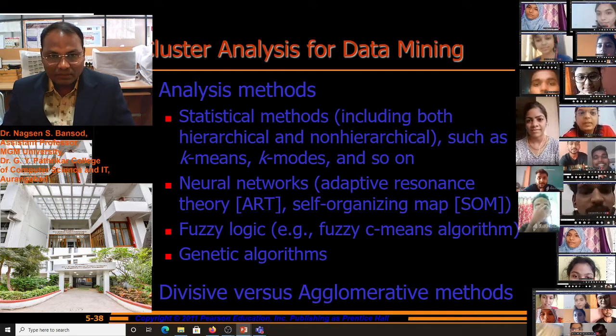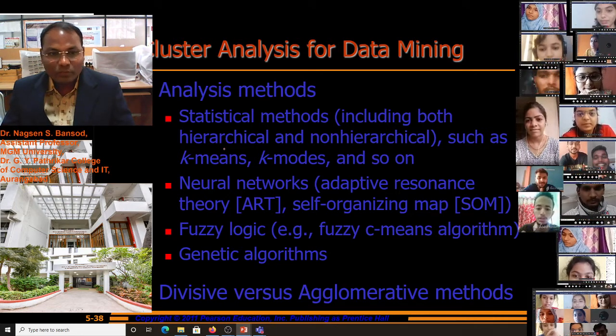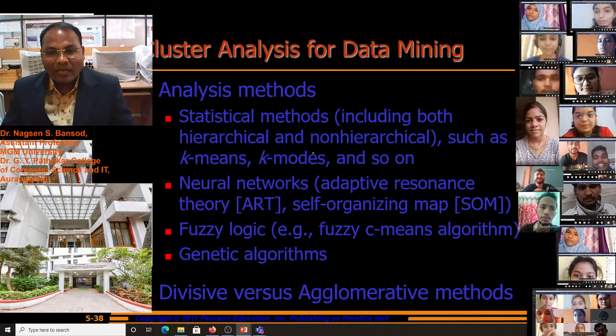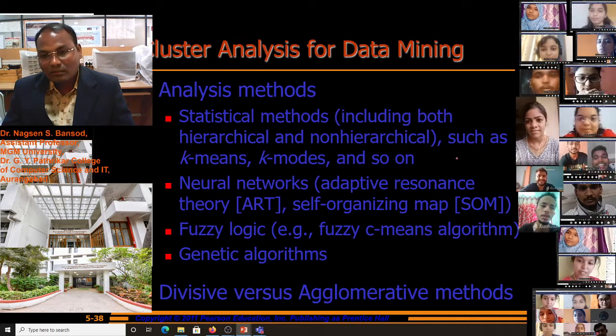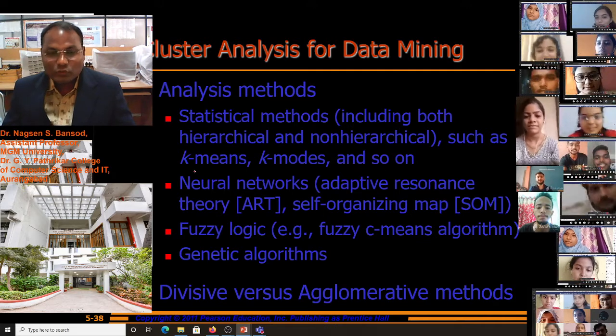Analysis methods: statistical methods, including both hierarchical and non-hierarchical, such as k-means, k-modes, and so on.